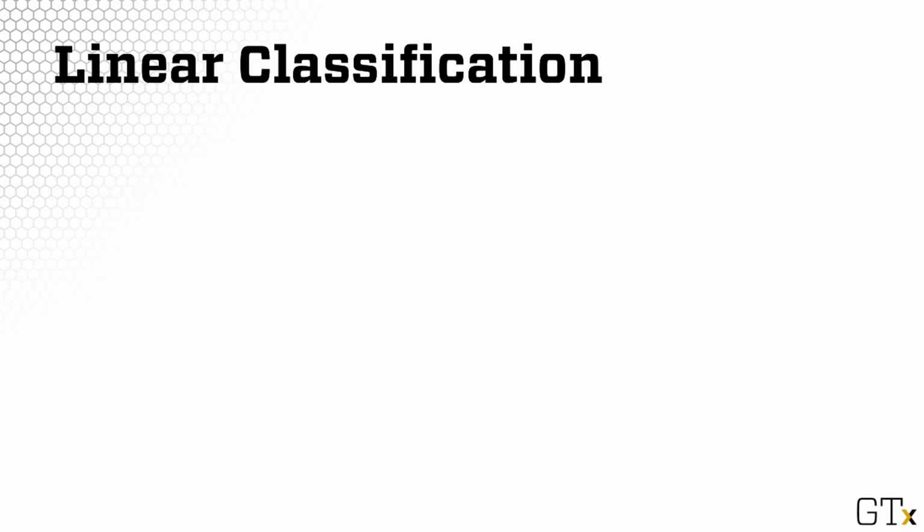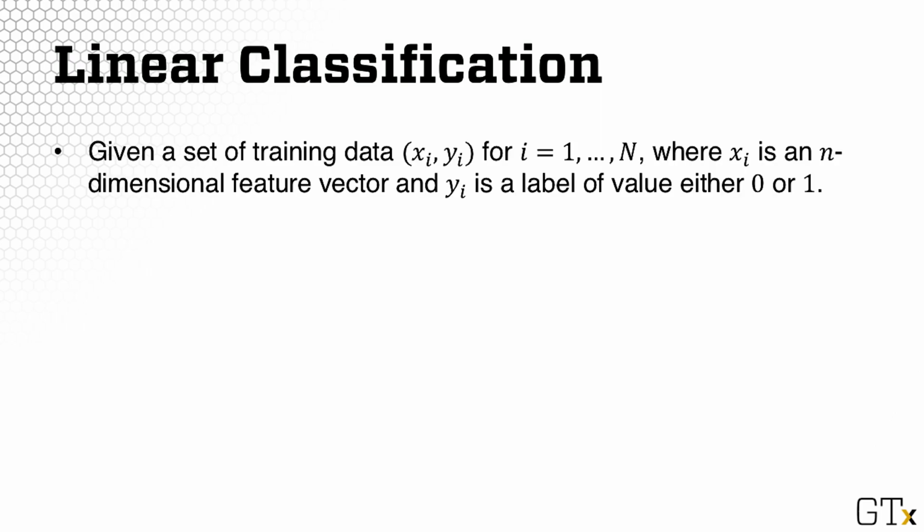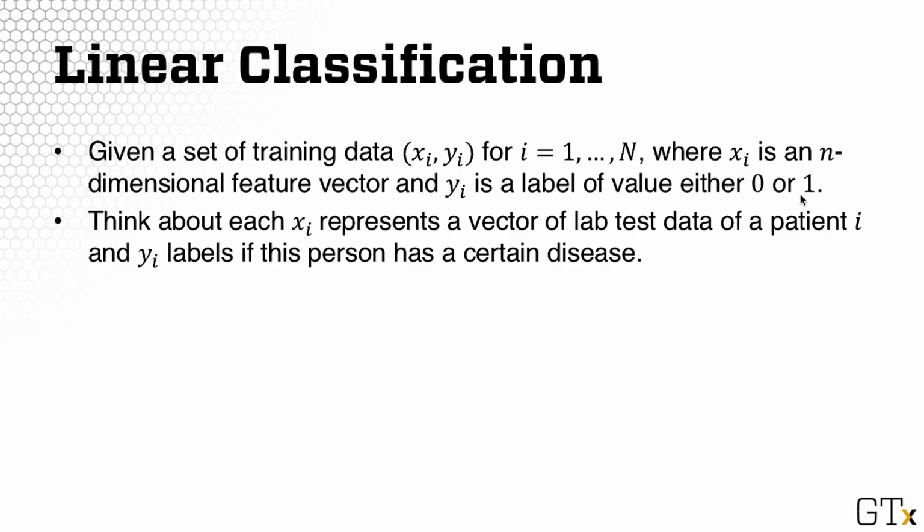So now let's apply this technique to a machine learning or data analysis problem called linear classification. Imagine you have a set of training data, xi and yi's, where xi is an n-dimensional feature vector, and yi is a label of value either 0 or 1. You can think about each xi as a vector of, say, lab test data of patient i.